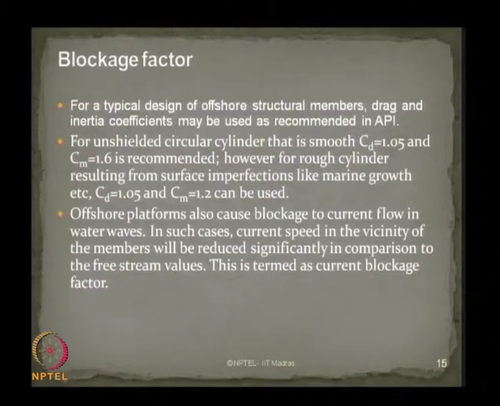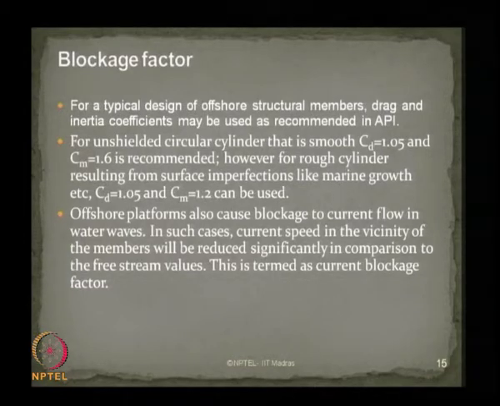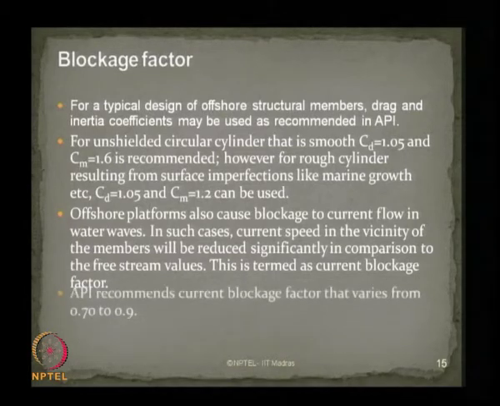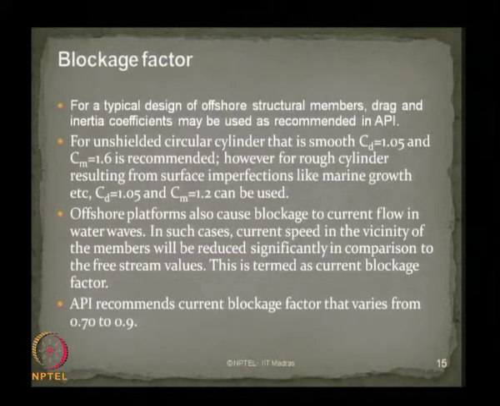In such cases, the current speed in the vicinity of the member is reduced significantly in comparison to the free stream values. This is what we term as current blockage factor. This should be accounted for in the design. API recommends current blockage factor variation from 0.7 to 0.9.